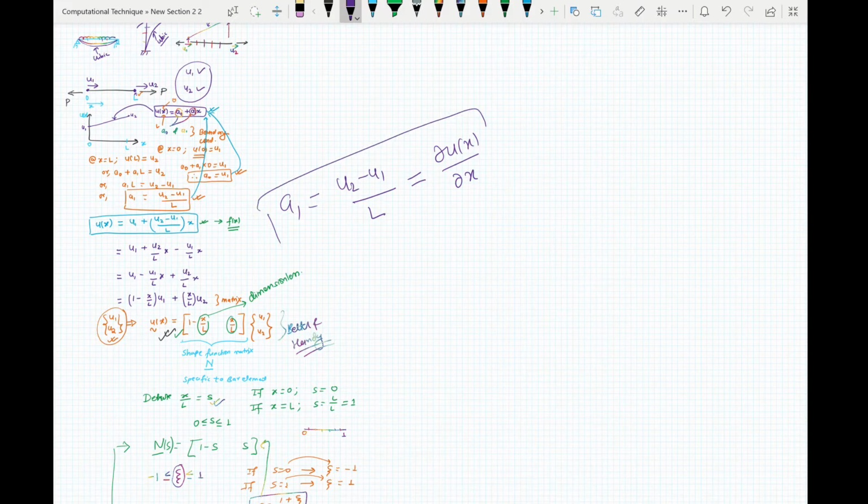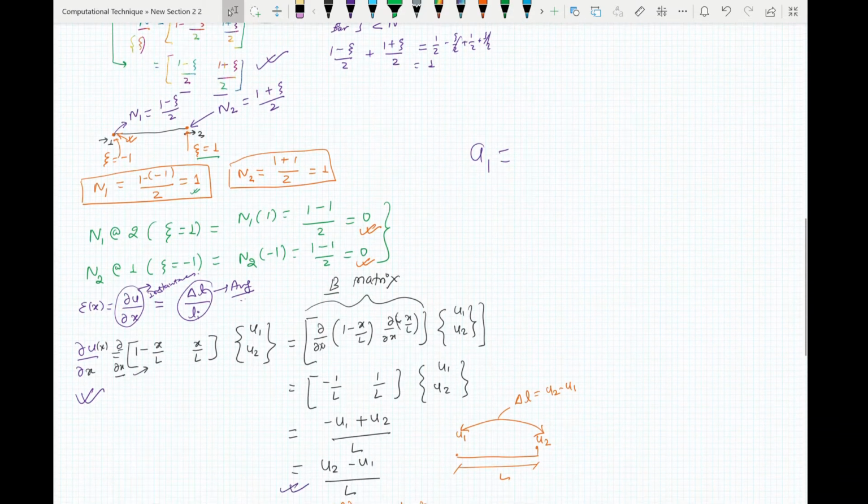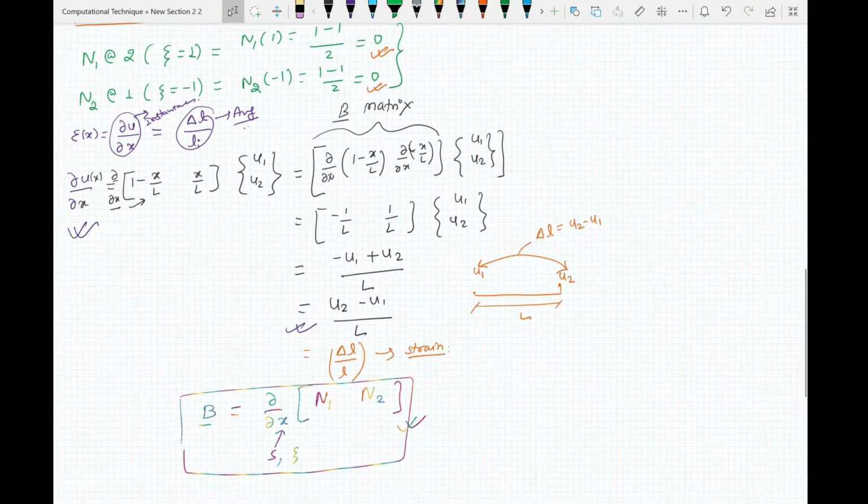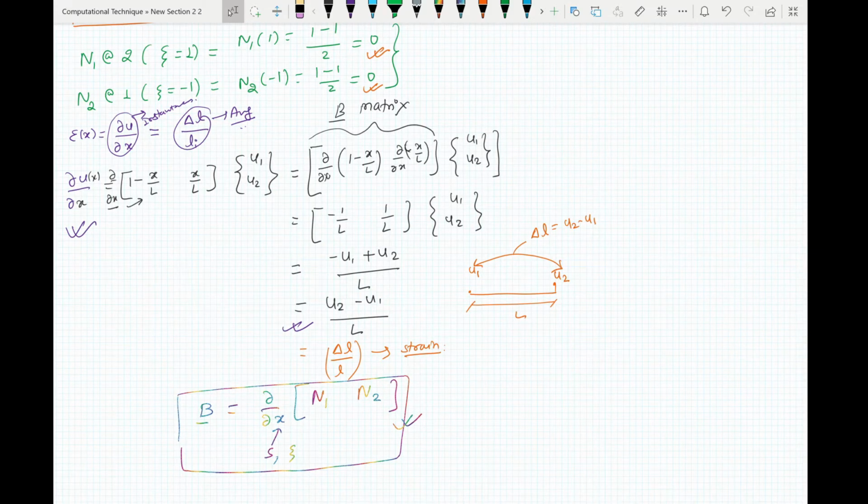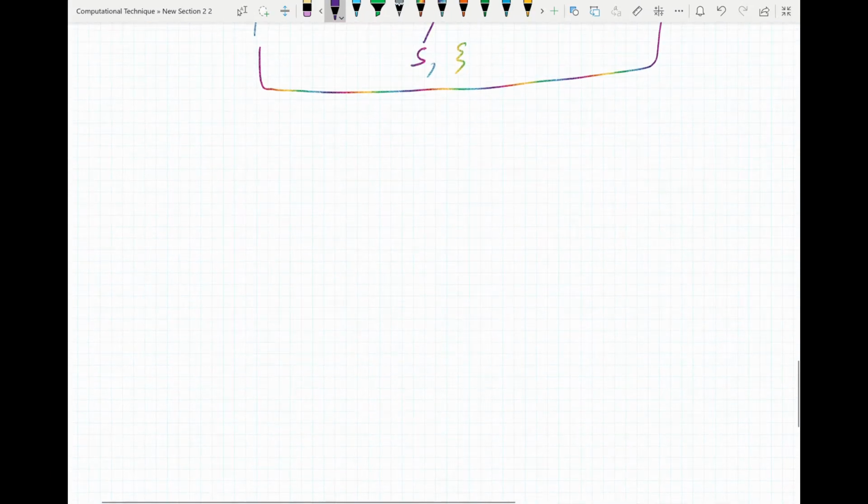So they do have a meaning. Now this is our strain component and u1 is our initial displacement. Now you can see that we can solve for our strains or our stresses in matrix form. Let's look at another example.